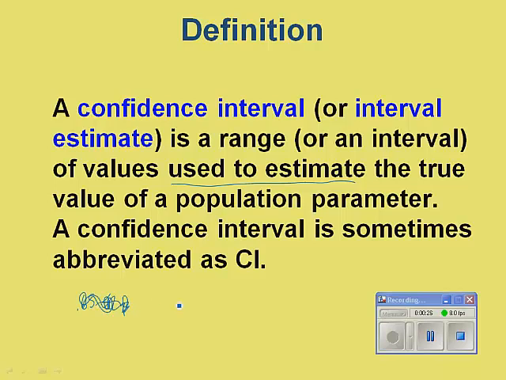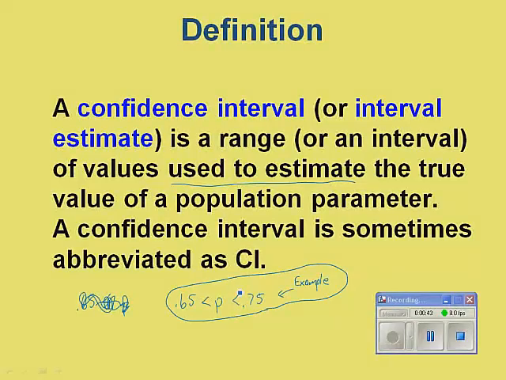I'll say 0.65 is less than P is less than 0.75. This is an example. So what would that say? What would that mean if I say 0.65 is less than P is less than 0.75?